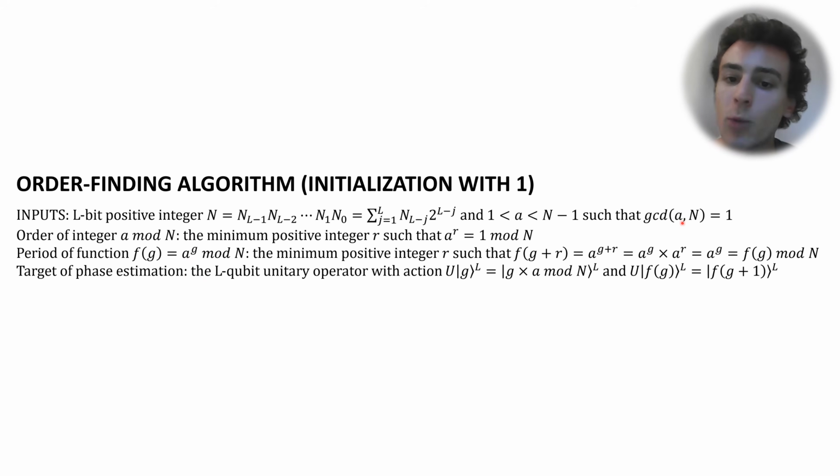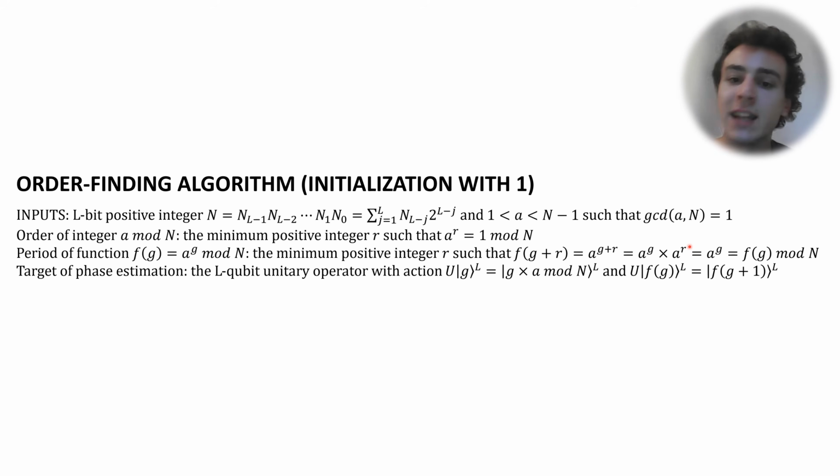So let's have a look at why these two concepts are related to each other. If we take this function and we consider the input g plus r, that's going to give us a to the power of g plus r. We can use exponential laws and split that up into two terms being multiplied together. We have a to the power of g times a to the power of r.